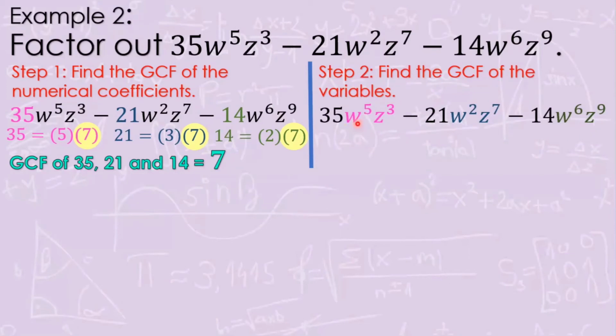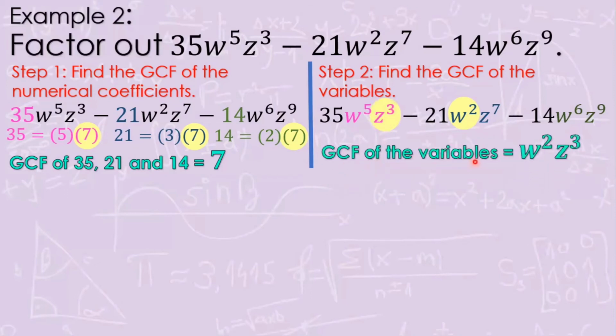So, kay W, ang pinakamaliit na exponent ay yung 2. Kay Z, ang pinakamaliit na exponent ay yung 3. So therefore, the GCF of the variables is W squared Z cubed.